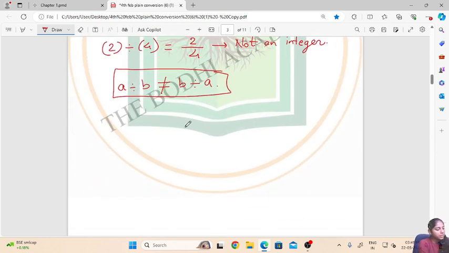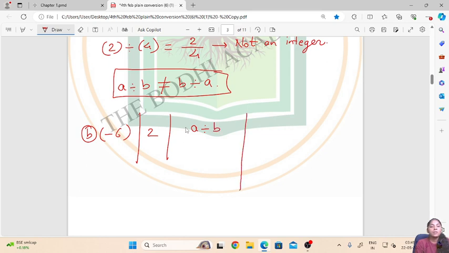Then we'll take some more examples. So we have minus 6 as a, then we have 2 as b. So let us first put these 2 into the expression. So a divided by b, and then we have b divided by a.